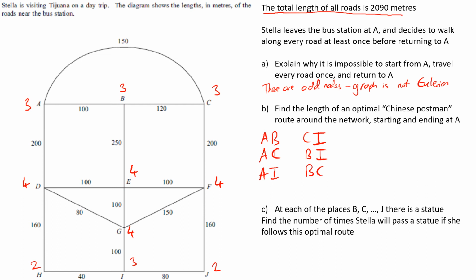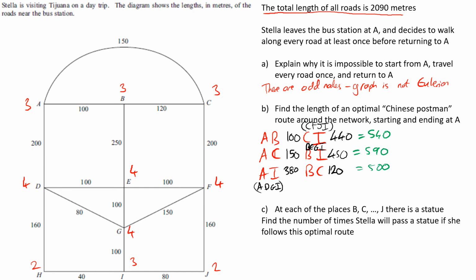So we want to find those shortest routes, and with the I ones you've got to have a little bit of a think. The amounts they'll add up to: we've got 540, we've got a 590, and we've got a nice little 500 there. That is going to be our optimal pairing, and it just wants the length. It doesn't want you to name the actual route, so we can add our 2090 and our 500 together to get our length as 2590 meters.